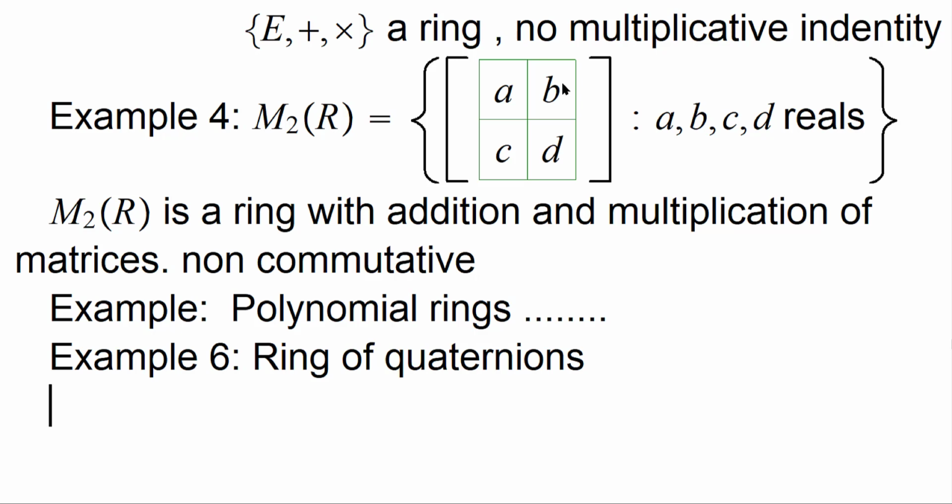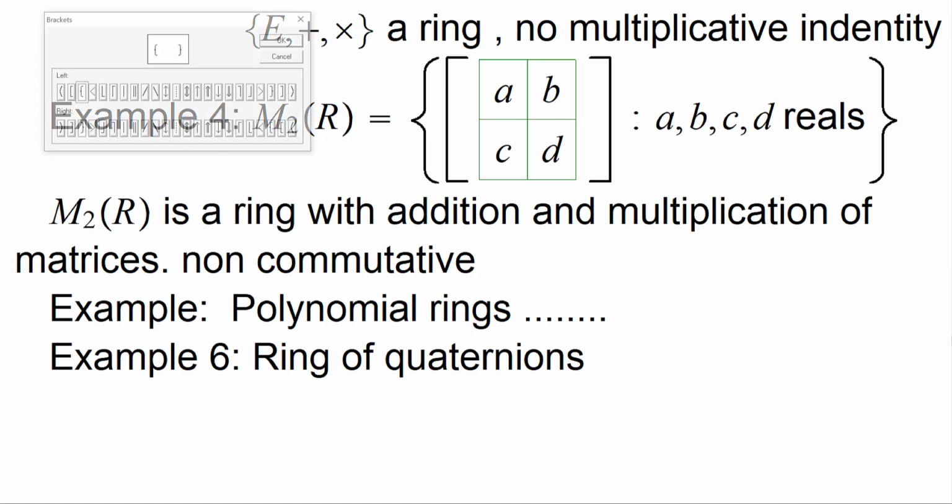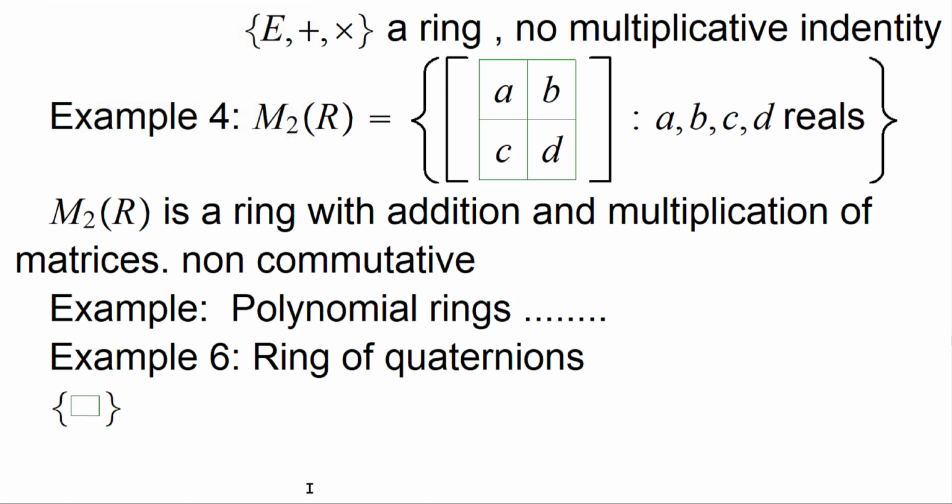All right, I mean, you saw quaternions. We considered the quaternions as a group with 8 elements. But here we are going to do it in a very different way. We are going to use those elements plus minus 1, plus minus i, plus minus j and plus minus k in a different style.